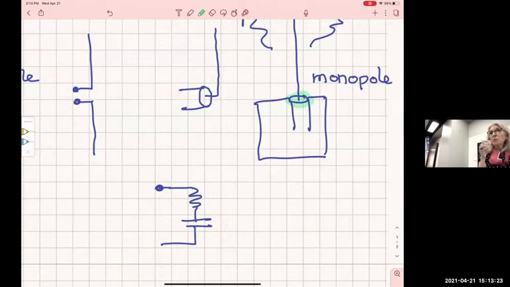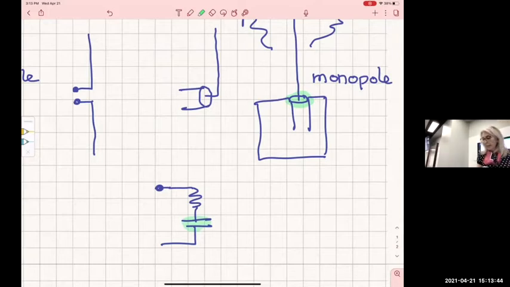And therefore, because of the charges accumulated right at this junction between your coaxial and your monopole, there is a parasitic capacitance there. And that's what you see here. These parasitic capacitances are important. You have to take them into consideration.